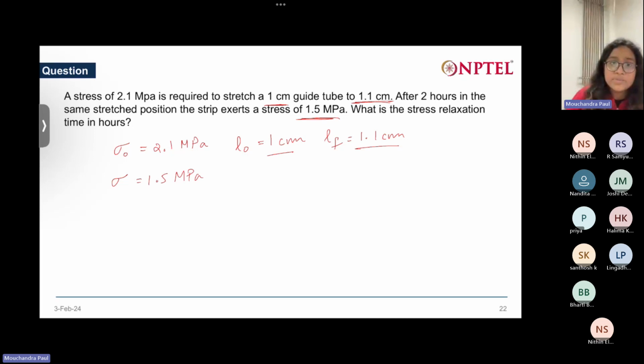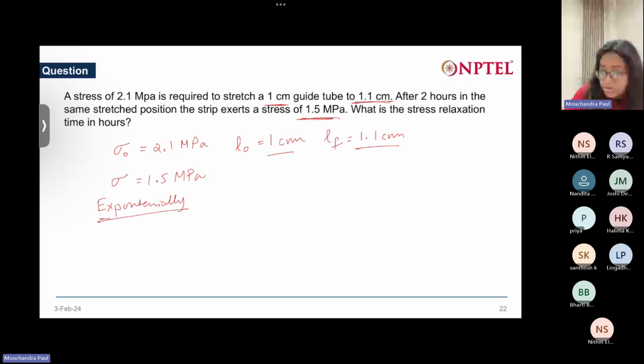Now note from the graph that this is an exponentially occurring phenomenon. So exponential terms will come when we calculate the stress relaxation time.